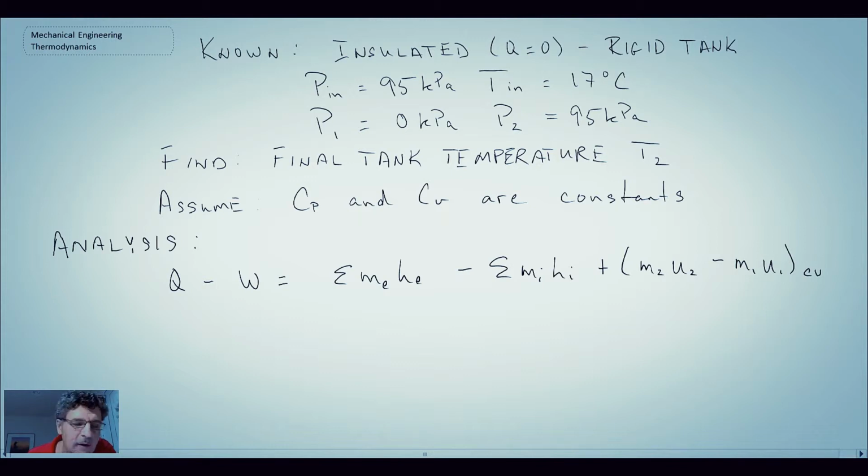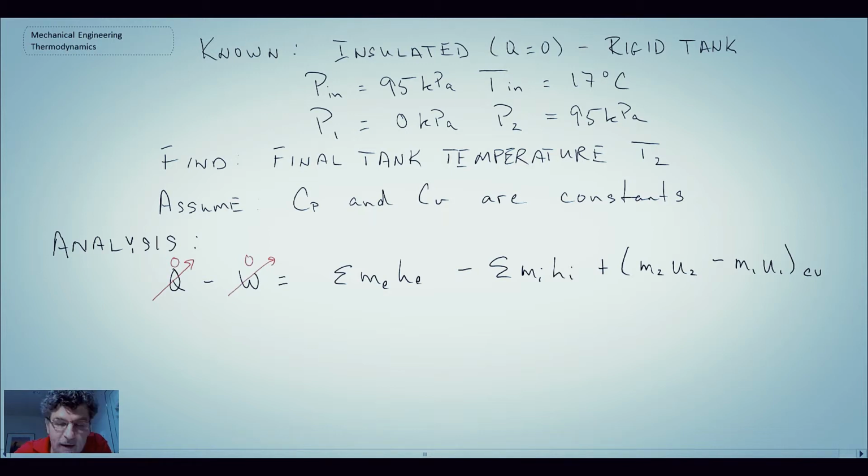Now we can look at the information that we've been given for the problem. First of all, we're told that the tank was insulated, meaning there's no heat transfer, so the heat transfer term goes to 0. The second thing, we were told that it was a rigid tank, which means the walls aren't moving, so there's no opportunity to do work, and that term goes to 0.